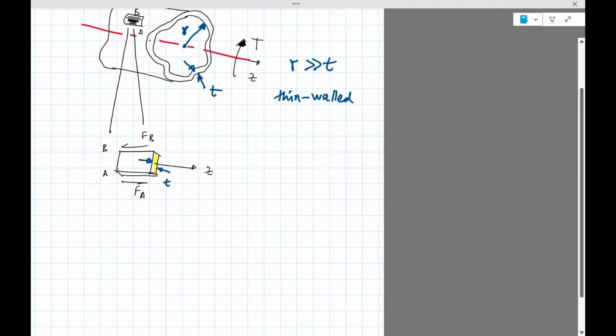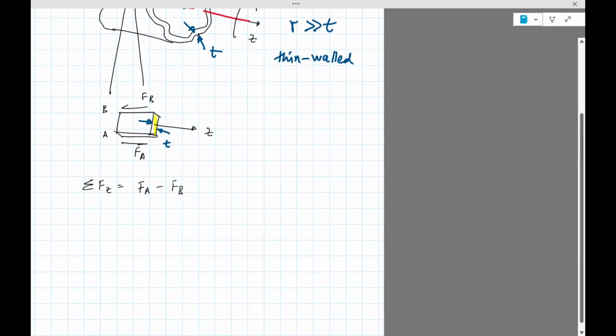Okay, so let's write a formula for the net force in the Z direction. It's going to be FA minus FB, just from the figure there. FA is going to be tau A times, so force is shear stress times the cross-sectional area.